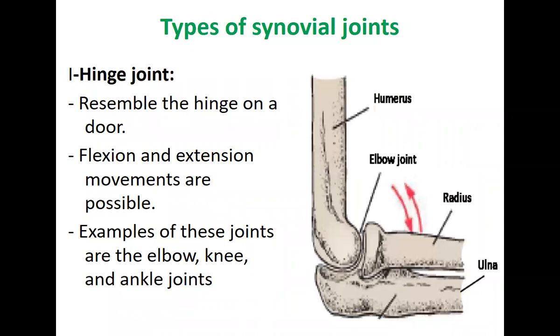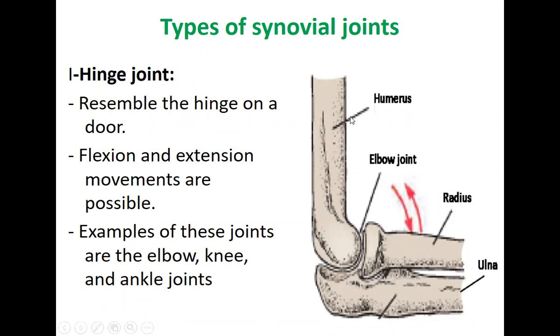Now coming to the types of synovial joint. There are different types of synovial joint. One type of joint is called the hinge joint. Just like in your doors, there are hinges which help in the opening and closing of the door.